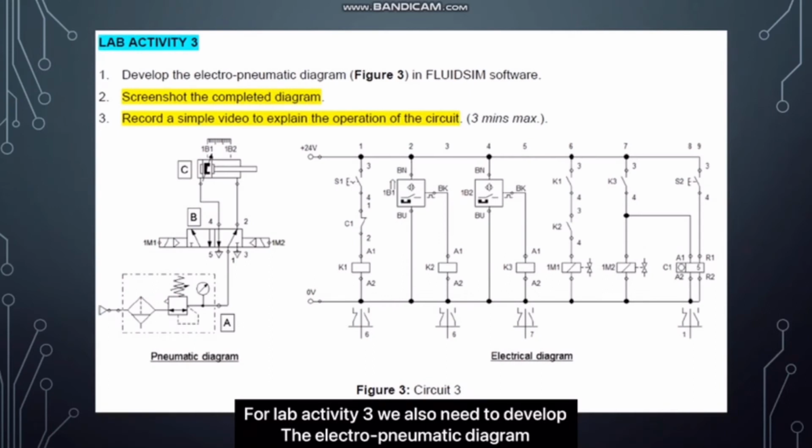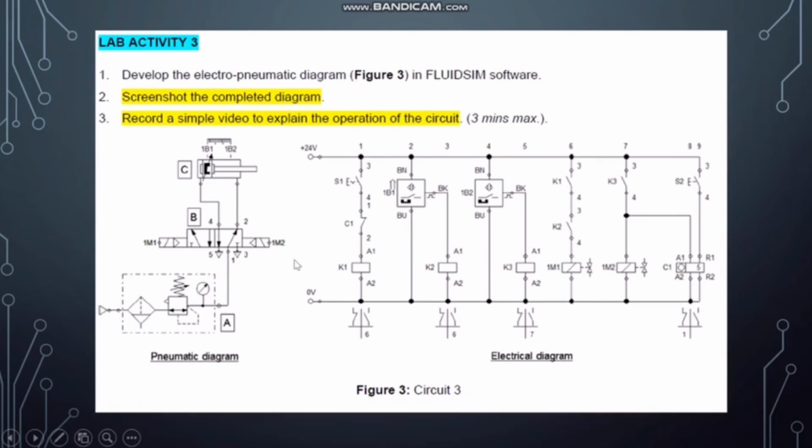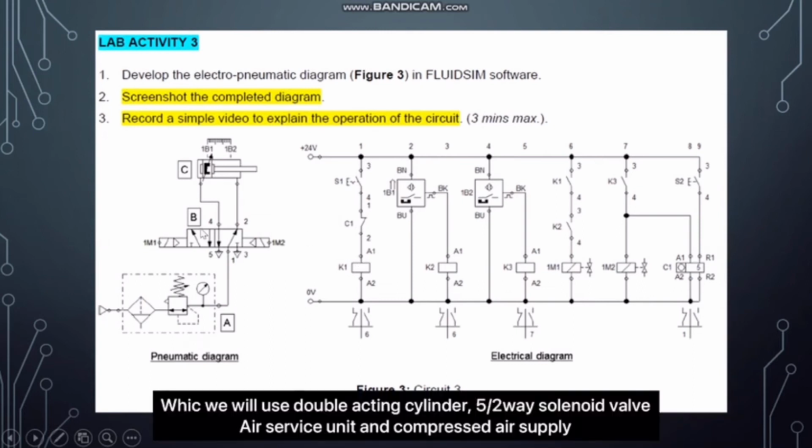For lab activity 3, we also need to develop the electro-pneumatic diagram. This is the electro-pneumatic diagram that we will need to develop. The pneumatic diagram will have a double acting cylinder, a 5/2-way solenoid valve, an air service unit, and also a compressed air supply.